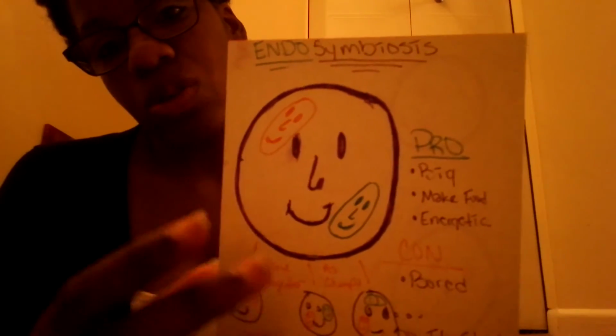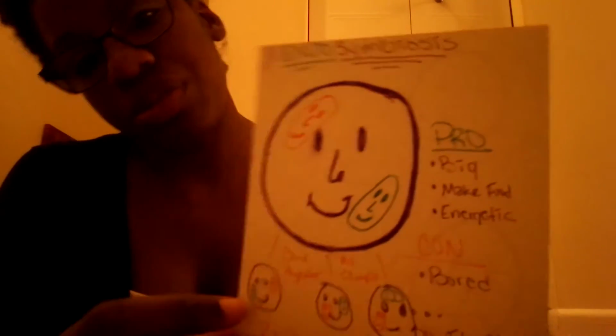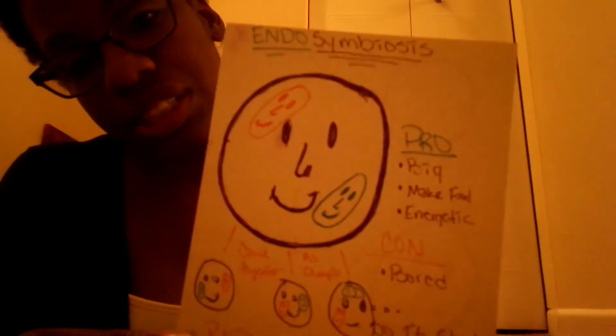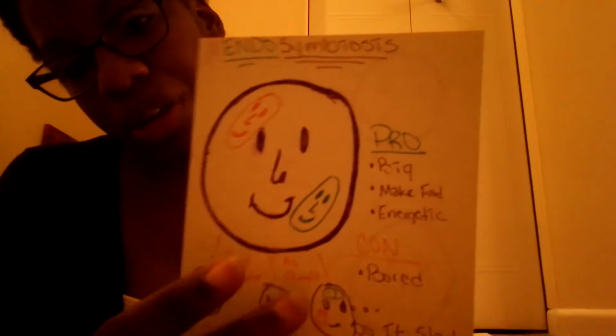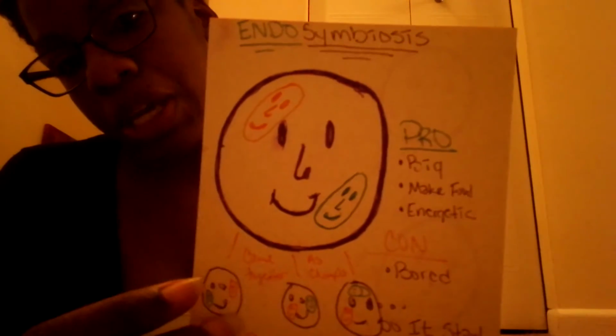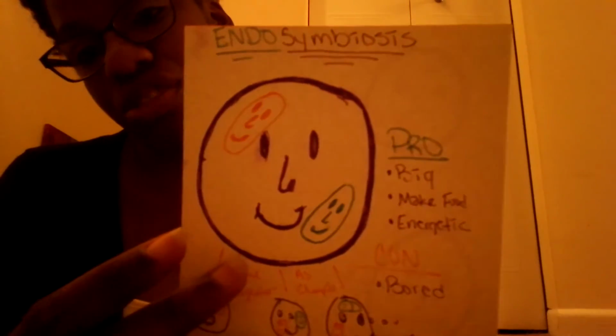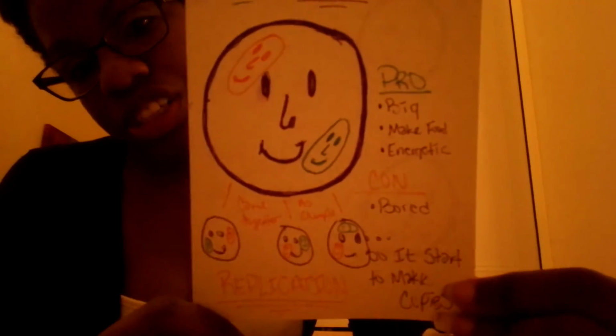Your organisms living inside of each other, closely inside of each other. Now that we have this wonderful family, the pros are that it's big, it makes its own food, and it's very energetic. Of course, the only con is that it gets bored.